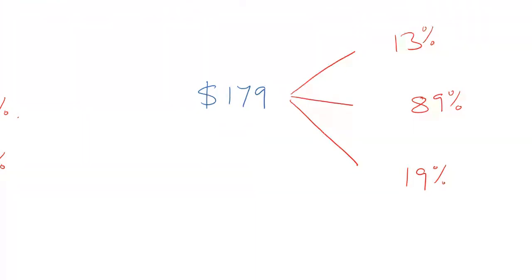Now, if I wanted 13%, I'm going to get this 179, and I'm going to multiply it by 0.13. If I wanted 89%, then I'm going to multiply by 0.89. And if I want this 19% of 179, then I'm going to multiply it by 0.19. So now I can begin to see the pattern going on here.